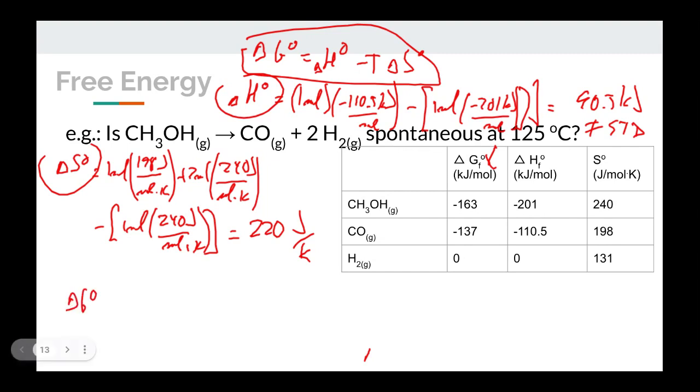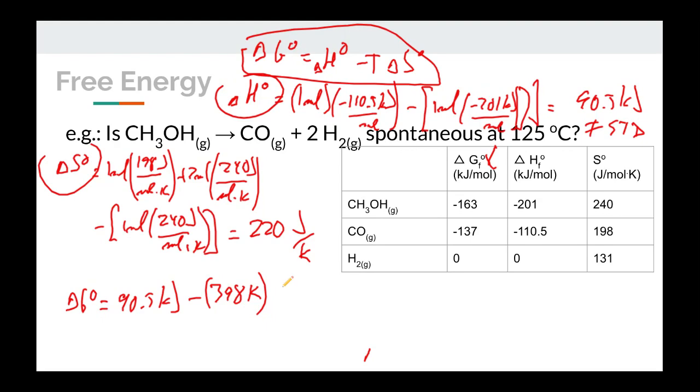So delta G naught is equal to delta H naught, that was 90.5 kilojoules, minus the temperature. Well, 125 degrees C is 398 kelvins, times entropy change.